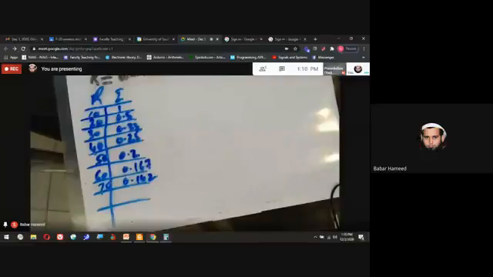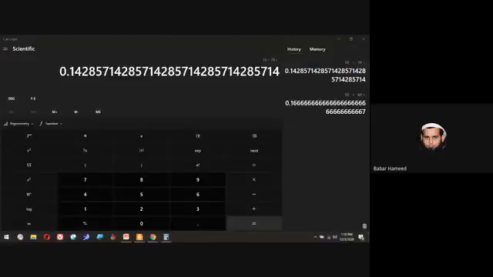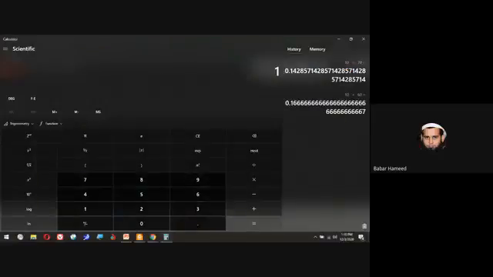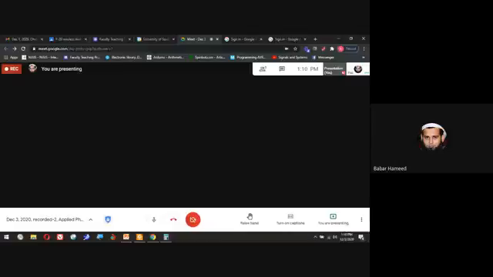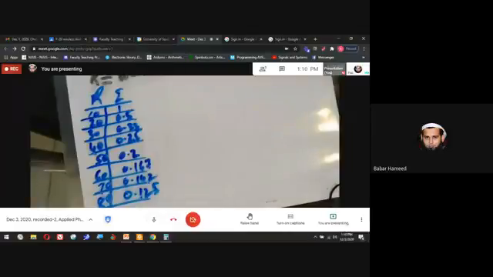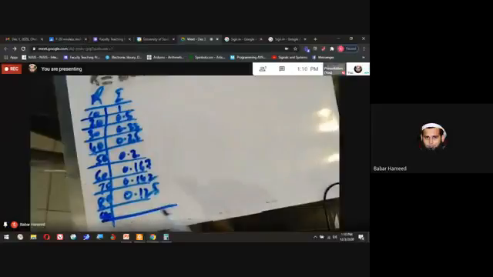And if it becomes 80, 1 divided by 8, it will be 0.125. Next, second last, for 90, it will be 0.111, and for 100, it will be 0.10.